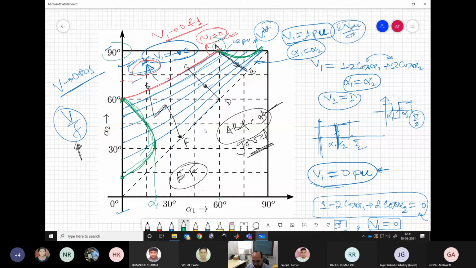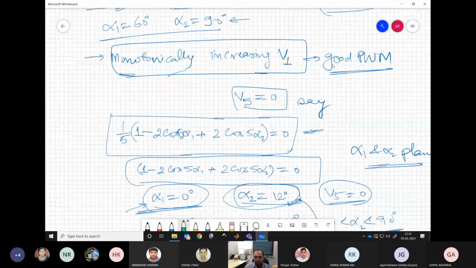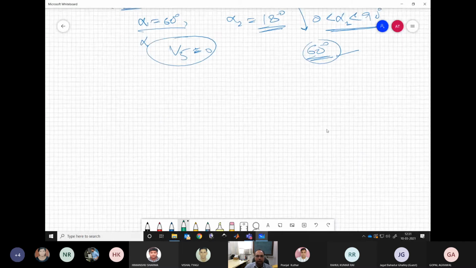Similarly, let's say if we try to have V7 equal to 0, what we need to do, we need to equate this expression.